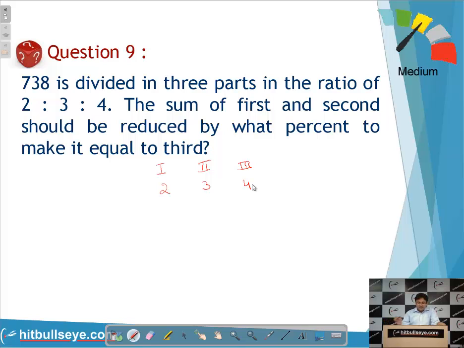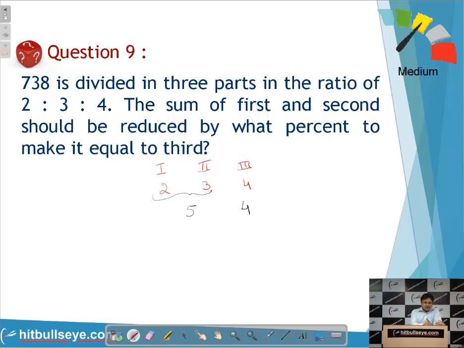Now we could very well say that the addition of first and second, which is 5, is to be made equal to 4. So it becomes similar to the last question where you want to reduce 5 by 1 to make it equal to 4.